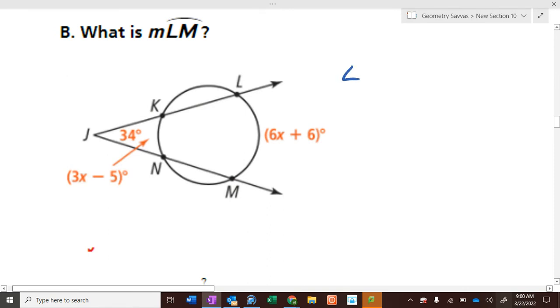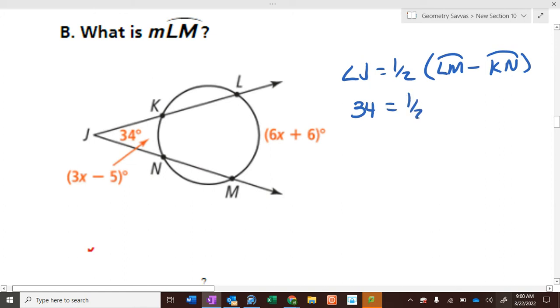The angle J in this case equals 1/2 of the big arc, LM, minus the little arc, KN. So, what's angle J? 34 equals 1/2 of the big arc, 6x plus 6, minus the little arc, 3x minus 5.